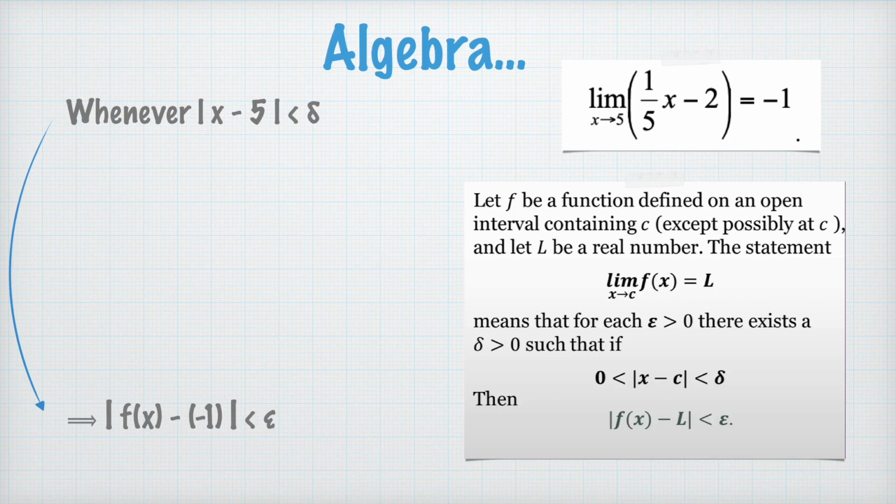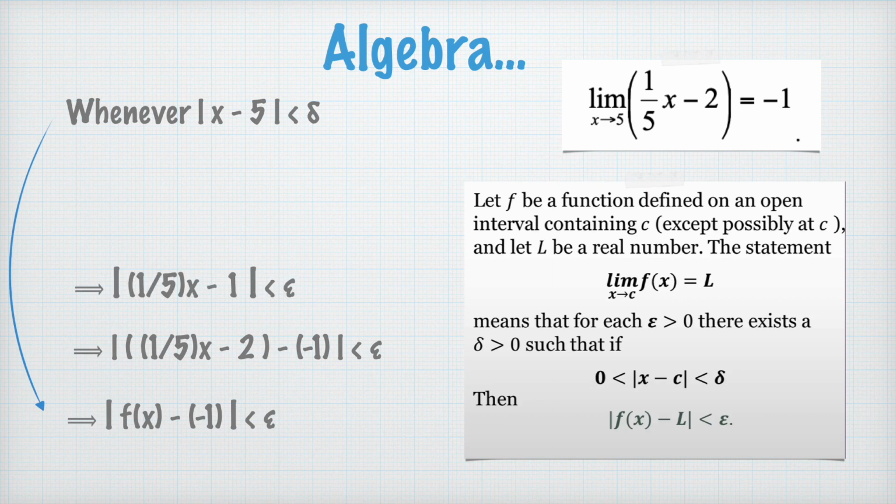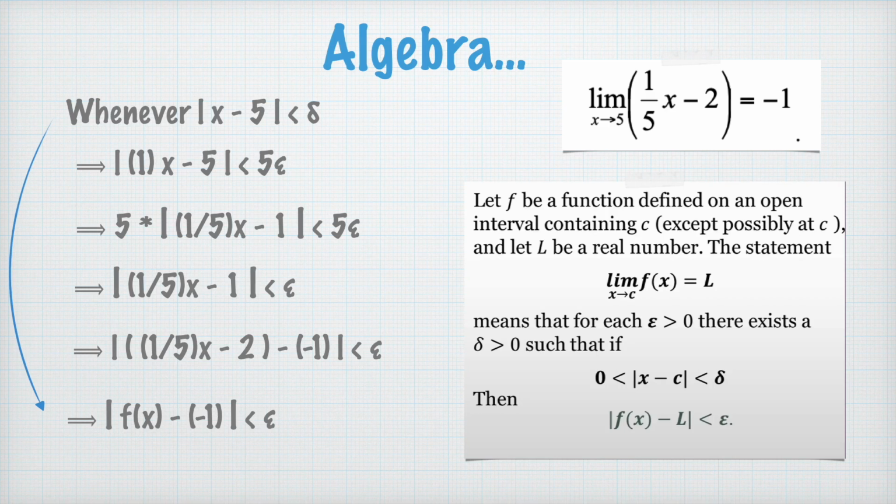Then let's plug in the function, do the subtraction, and then let's look back at where we need to go. We need, instead of 1/5, 1, and instead of 1, 5. So we can multiply both sides by 5. And that gives us that x minus 5 is less than 5 epsilon, which is what we said that delta was.